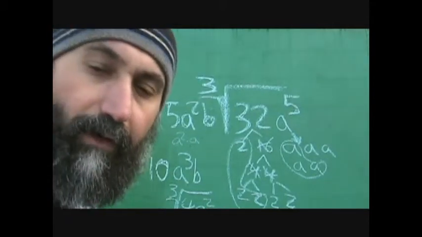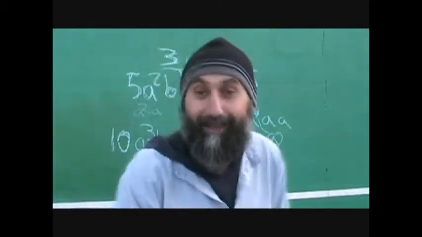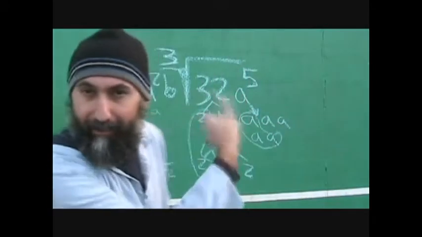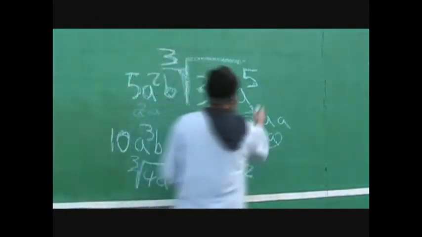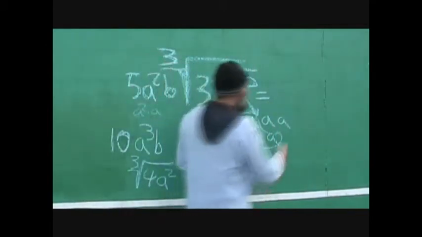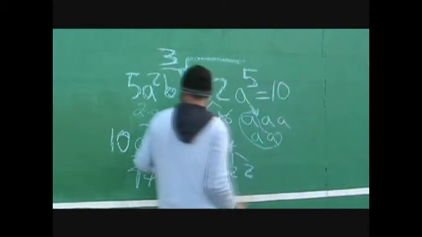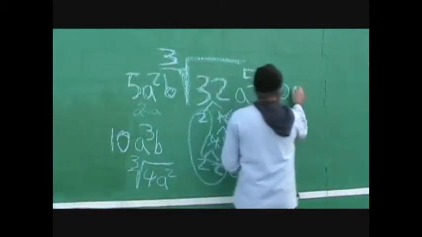We're a little off the board, so what I'm going to do... Sorry, I had to move the camera. So what we're going to do is just write the answer right after the question, right? So the way it works is it becomes 2 times 5 was 10. A cubed, because we had an a squared and an a came out.